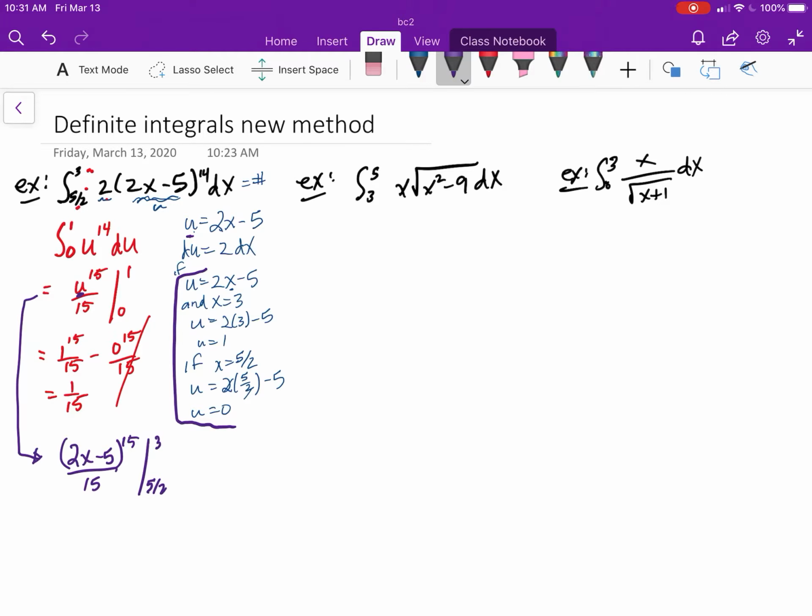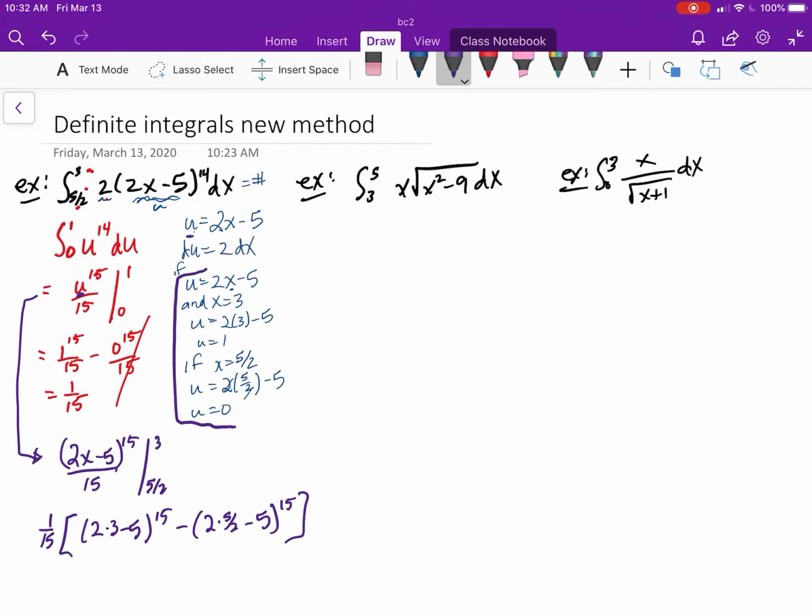Well, you could already see, this is a bit uglier to compute. I'm going to pull out this 1/15th here. Now I have 2x minus 5 to the 15th, so 2 times 3 minus 5 to the 15th minus 2 times 5 halves minus 5 to the 15th.